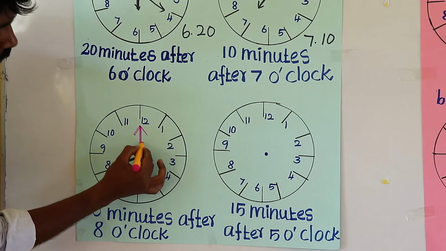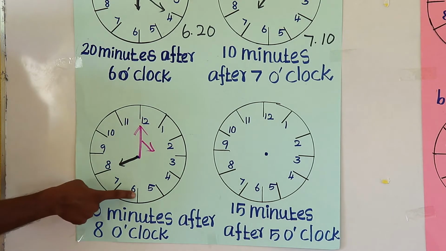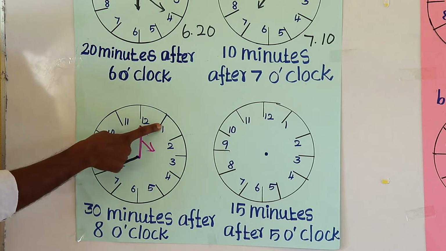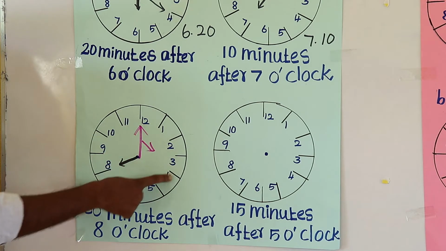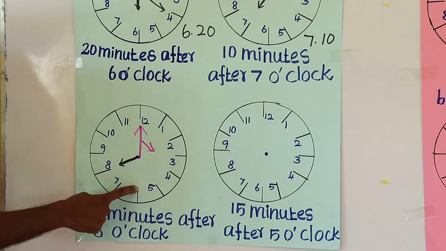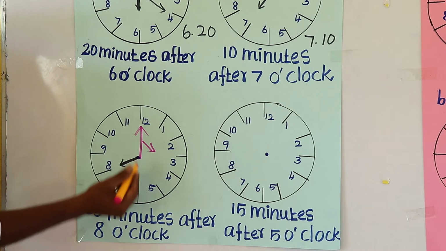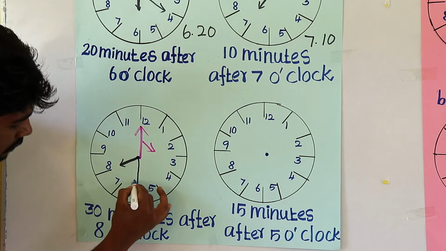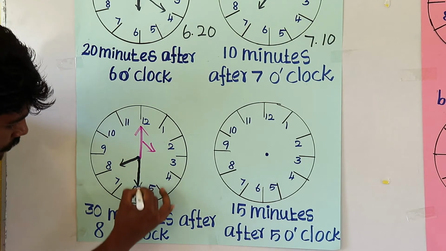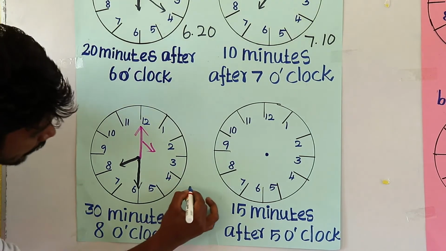So move the minute hand 30 minutes, 12 to 6 is 30 minutes. 12 to 1 is 5 minutes, 1 to 2 is 5 minutes, 2 to 3, 3 to 4, 4 to 5, 5 to 6, each 5 minutes. So 6 fives are 30. So the minute hand moves here to 6. So now the time is 8:30.